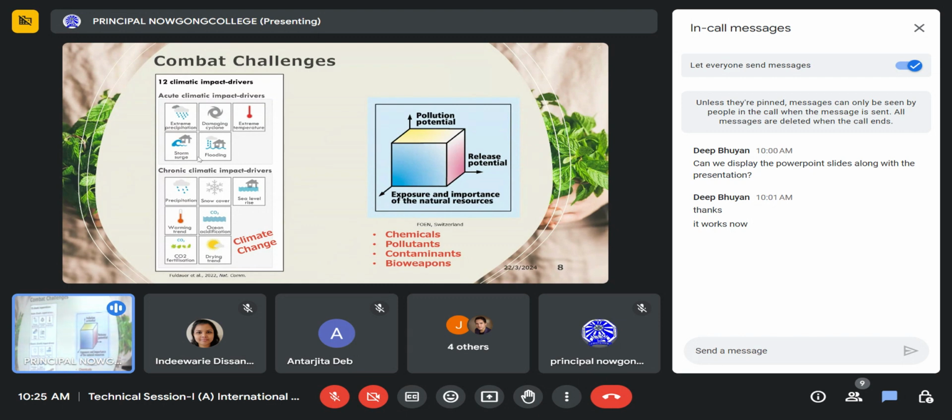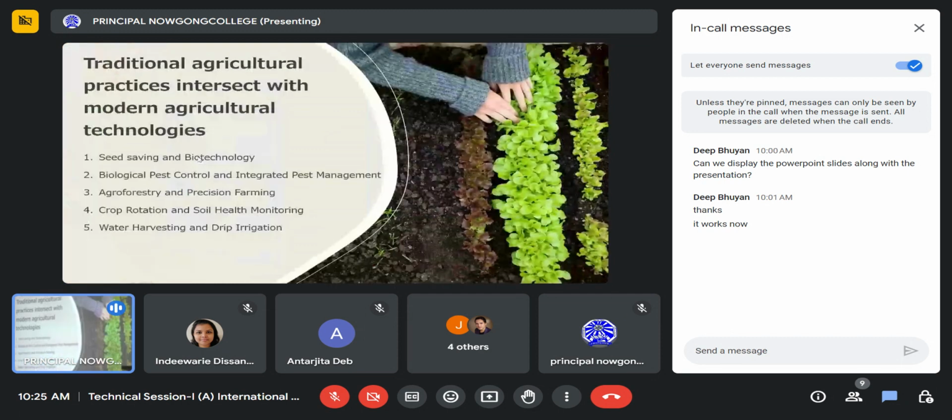And talking about those plans, what can be those different ideas? Here I list out a few that show how traditional agricultural practices intersect with modern agricultural technologies. The first one is seed saving and biotechnology, and I think it's very common to remind ourselves that traditionally farmers, even my father, saved seeds, the best performing ones, for the next plantation.